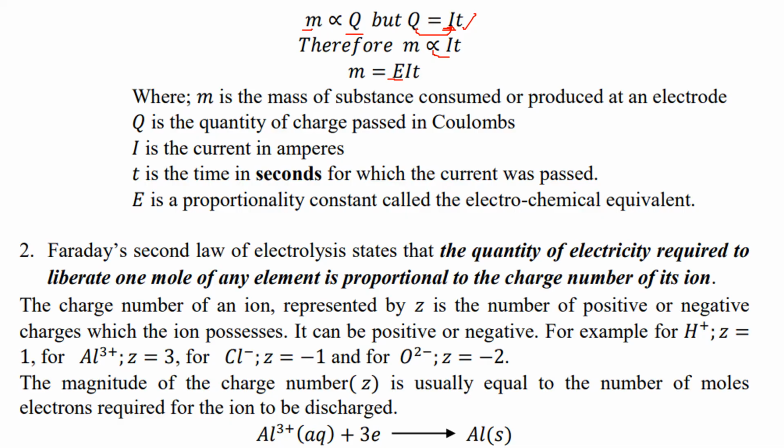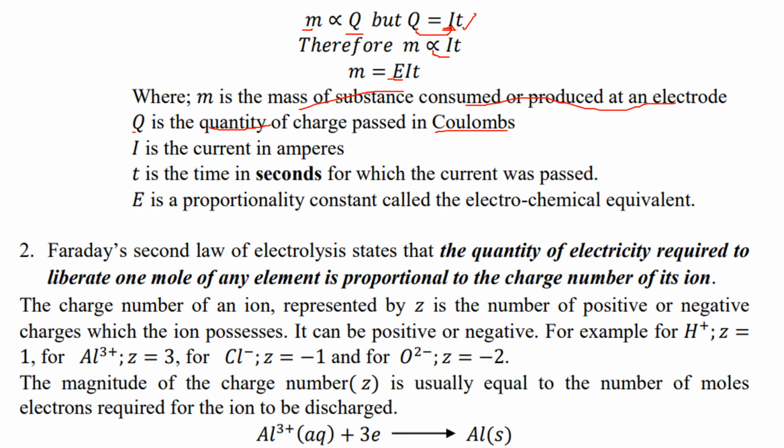So we have given the key for that, where M is the mass of the substance consumed or produced at the electrode, and Q is the quantity of electricity or the quantity of charge passing through that electrolyte, measured in coulombs.